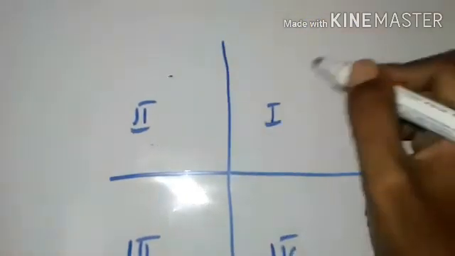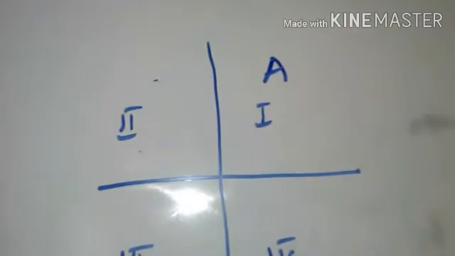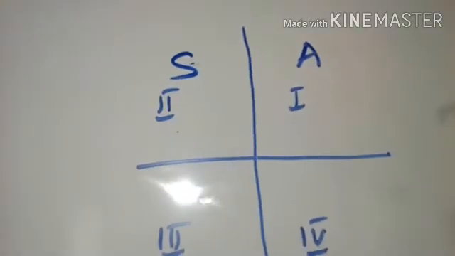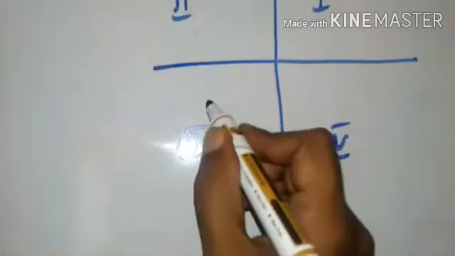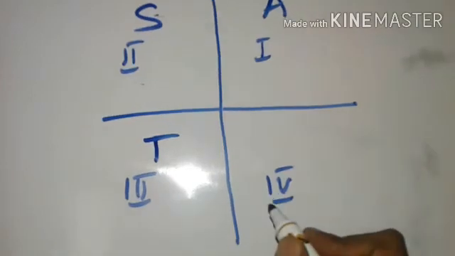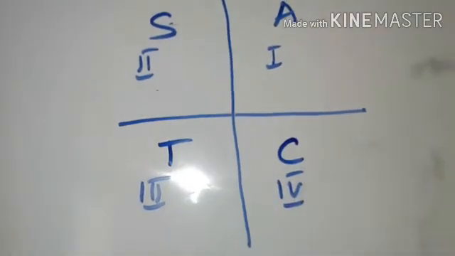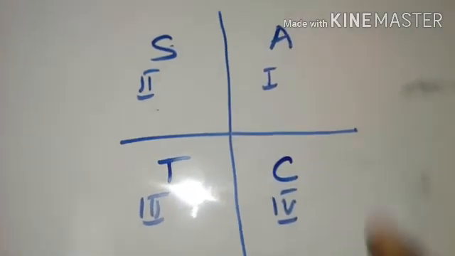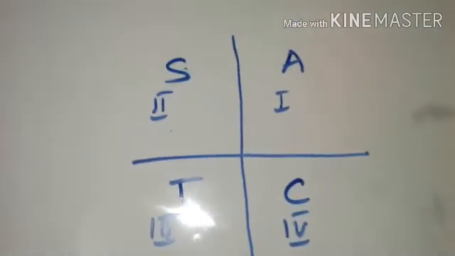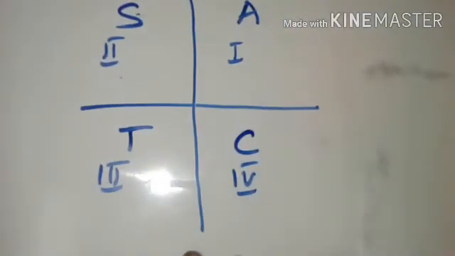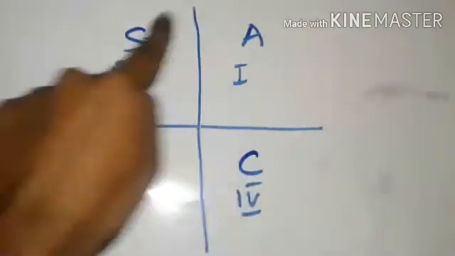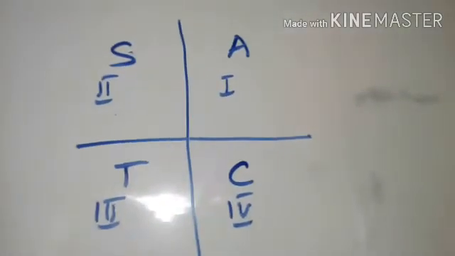Here all values are positive, so I'll write A. In the second quadrant only sine is positive, so I'll write S. Here only tan is positive, the rest are negative, so I write T. And here cos is positive, so I can write it as all silver tea cups, or all students take coffee. Some of my students have also modified that abbreviation as all science teachers are crazy. That is also there.